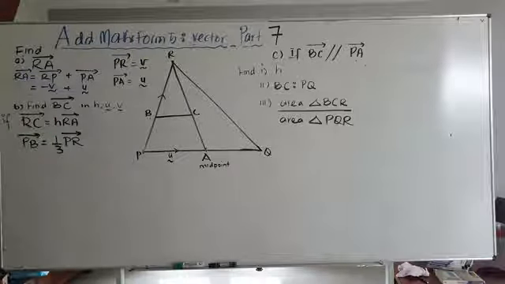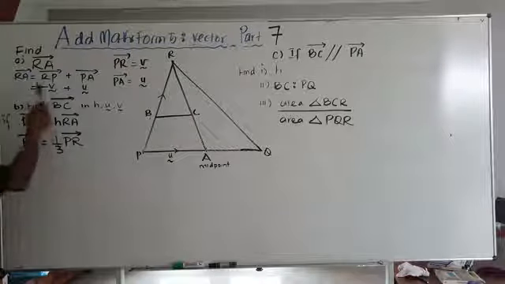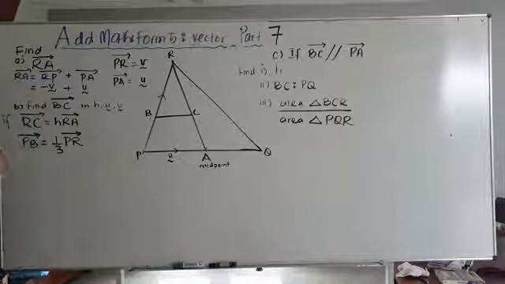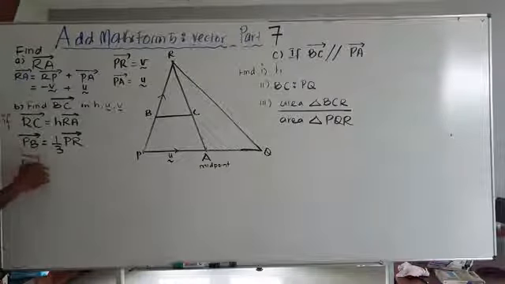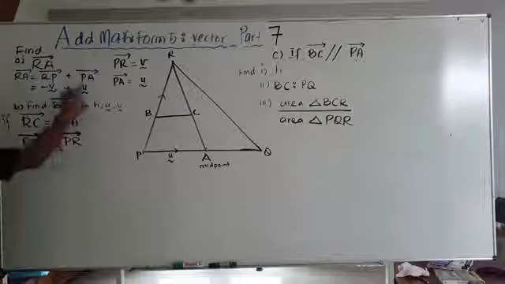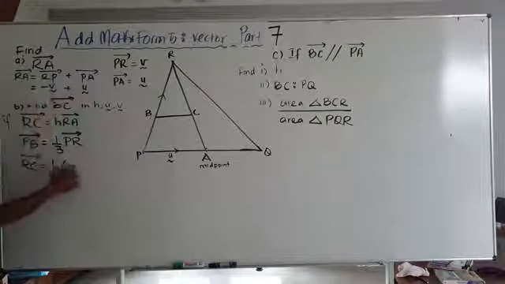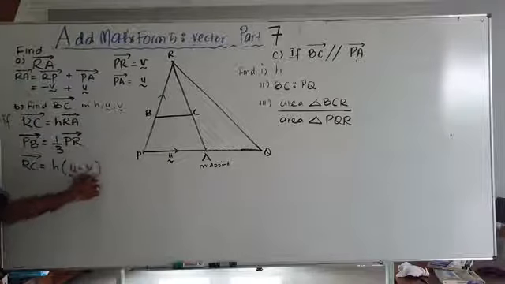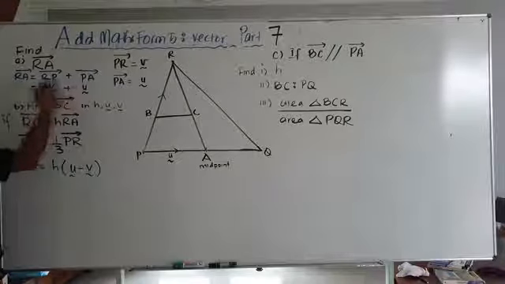So how do we do this? So from here, RC is given and we have found RA. So which means from here we can say what is RC? RC is 1/2 RA, which is 1/2 of U minus V. Same, negative V plus U or U minus V.